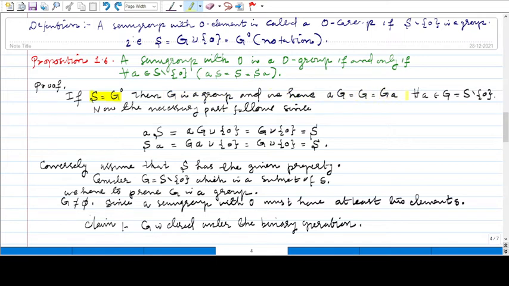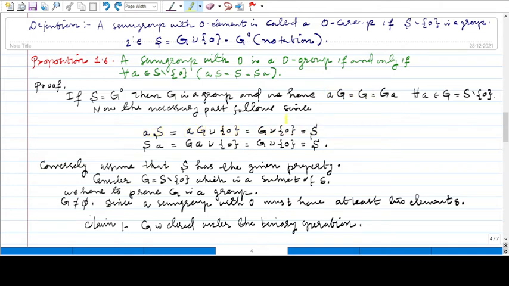So the necessary part will follow easily, because if we calculate AS, it is AG union 0, which is G union 0, which is S. SA is equal to GA union 0, G union 0, which is S. That is AS equals S equals SA.